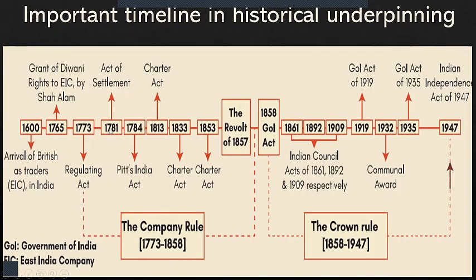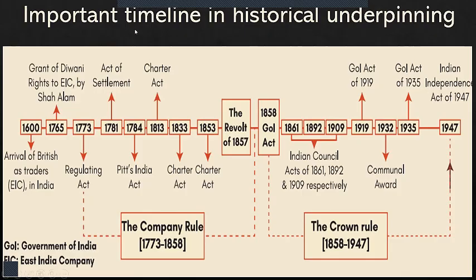Then in 1781, the Act of Settlement. Then we have the 1784 Pitt's India Act, the 1813 Charter Act, and the 1833 Charter Act. Then 1853, the Charter Act. So I have a trick for these Charter Acts. These Charter Acts are actually four, and one is missing here.